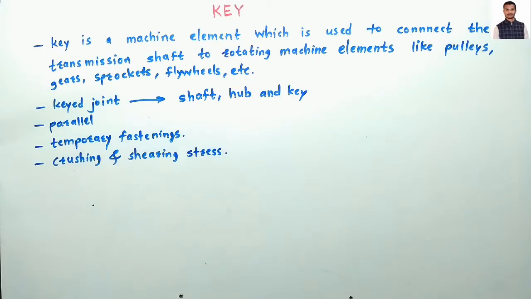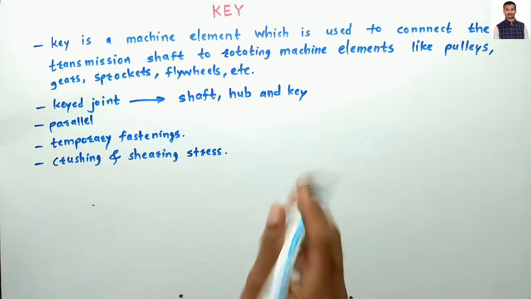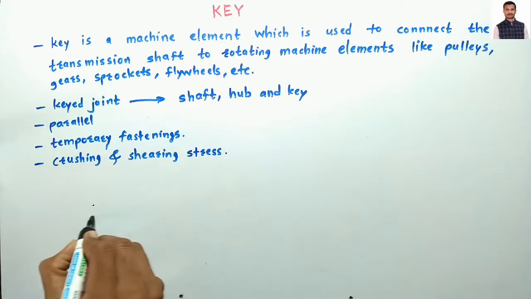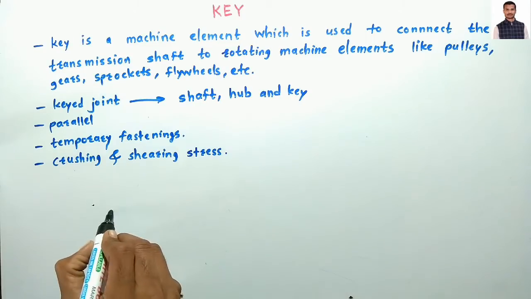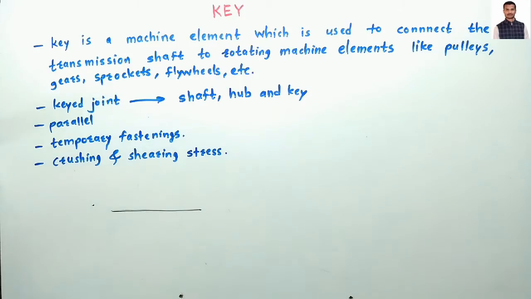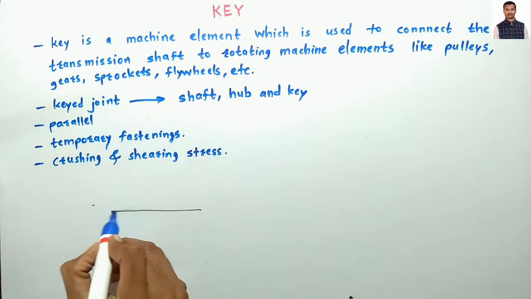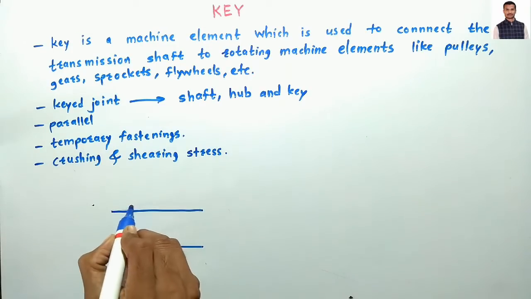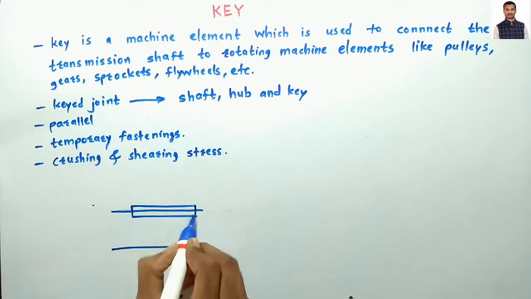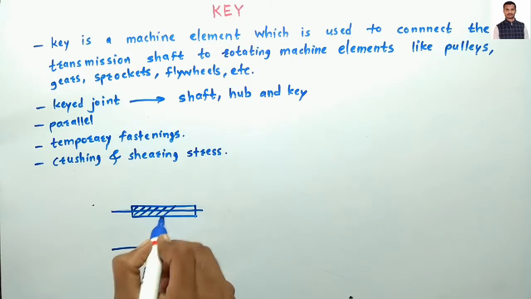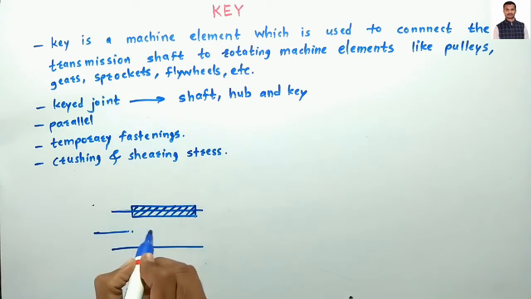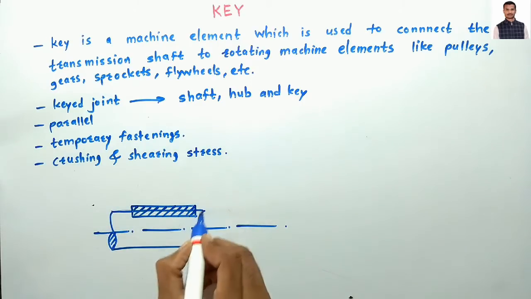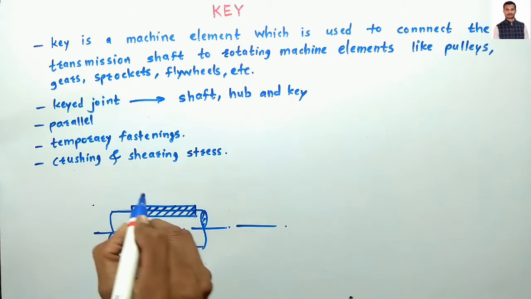So let us see how the key looks in this system, that is shaft, hub and key. So this is shaft, and this is key. It is inserted parallel to the axis of shaft, and it is half in shaft and half in hub.